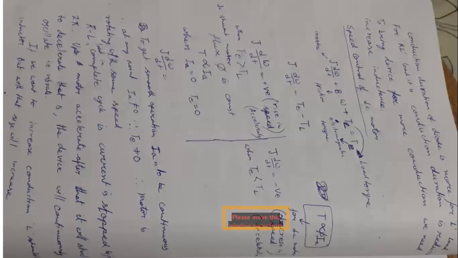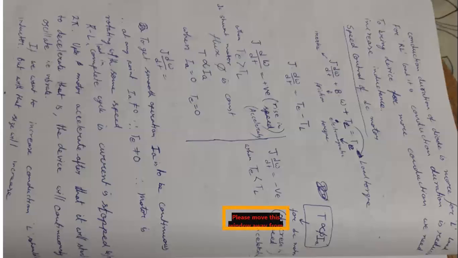For a DC shunt motor, flux phi is constant, so torque is proportional to Ia, the armature current.